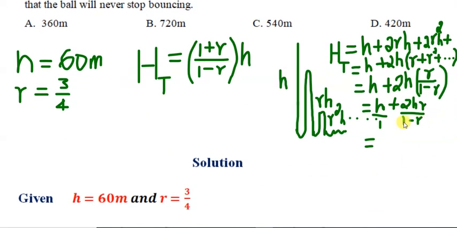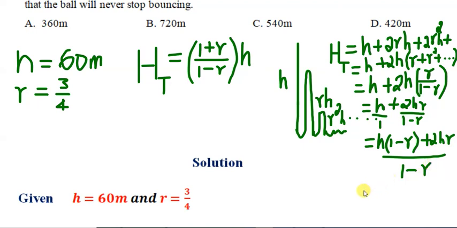Here, when we multiply this by h, it becomes h into 1 minus r, plus 1 times 2hr becomes 2hr, over again, multiply this one, 1 minus r by 1, we have 1 minus r.